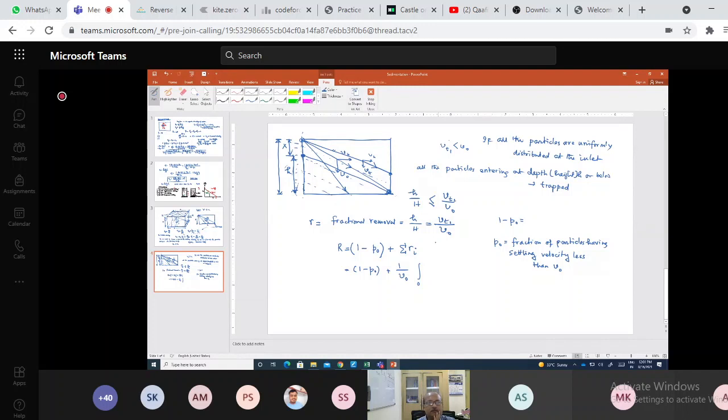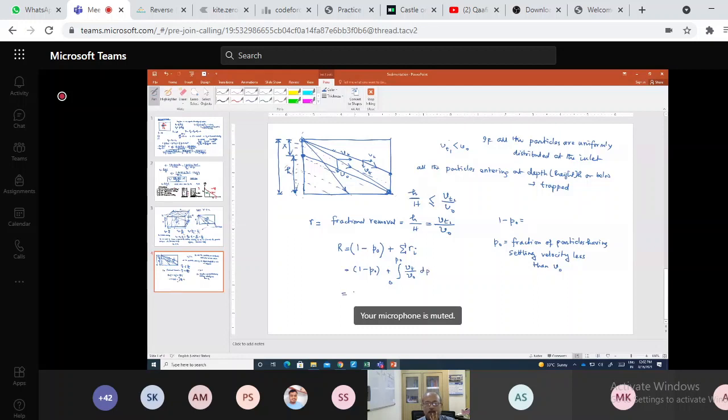So, let me write like this so that you understand straight away. Sorry about this. Okay, so this is nothing but equals to integral 0 to V0, and then you have Vt, let us write Vt by V0, okay, and then you have Vp.